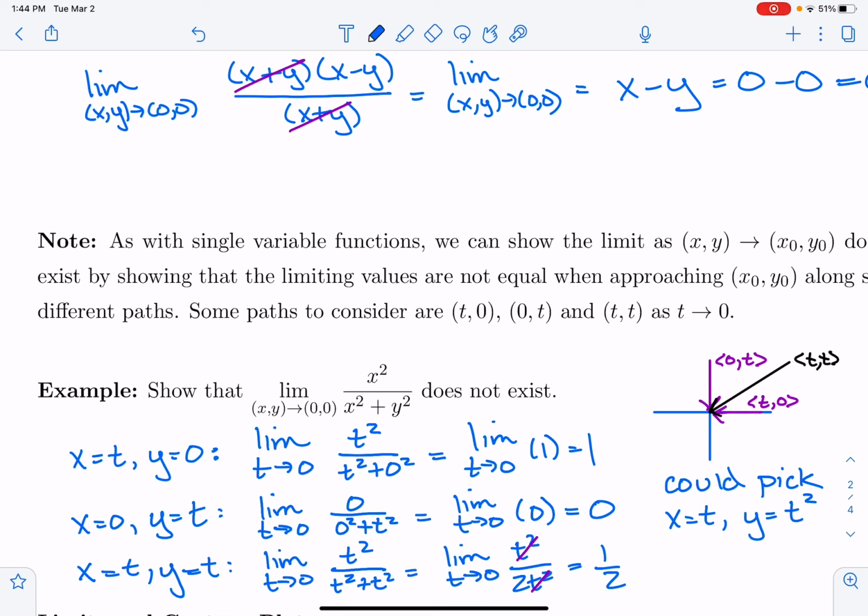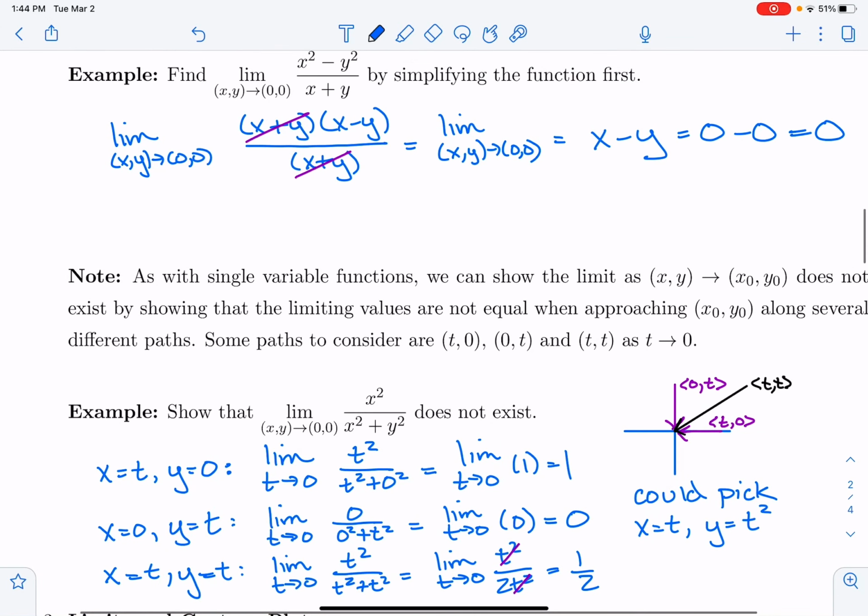But this method has a flaw in that you cannot show that a limit exists in this way. To show a limit exists, you would have to either simplify the function first, like we've done here, or, if you follow this activity to the end, you can change the coordinates of a function that's on a two-dimensional domain.